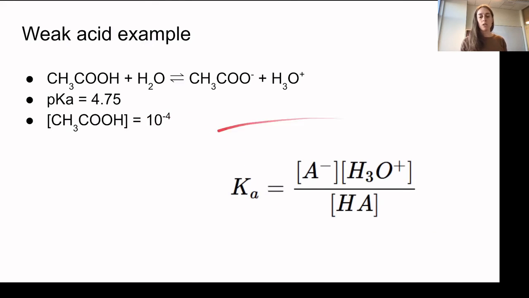So we're going to use this equilibrium constant here to calculate what our final pH will be once we add this acetic acid to water. So we will switch back over, get a new piece of paper up here.